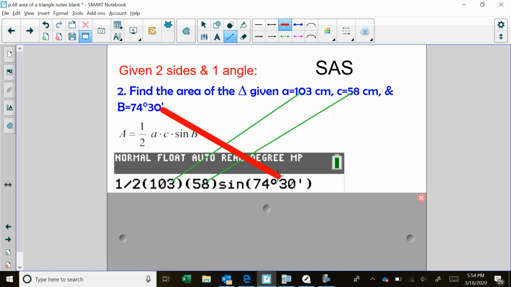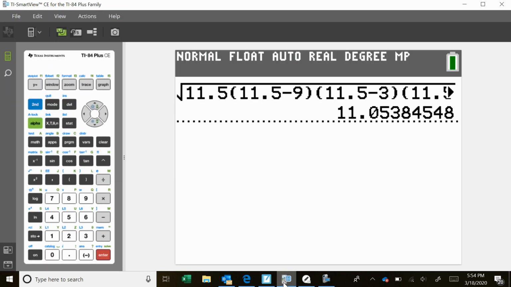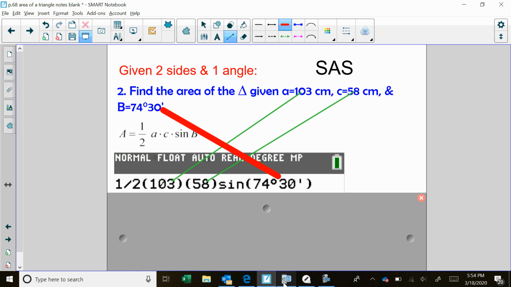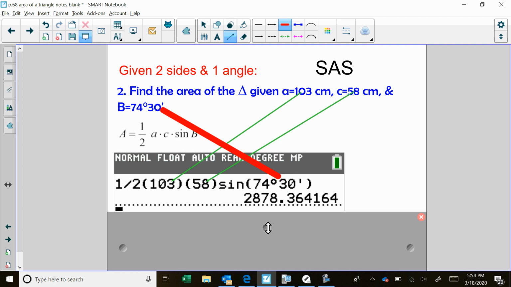Let me go to my graphing calculator real quick. That is second apps. Second apps will give you the angle menu. My TI-36X Pro doesn't have that. So again, this is just a plug and chug problem. Once you get all that into your calculator, 2878.4 is your area of the triangle.